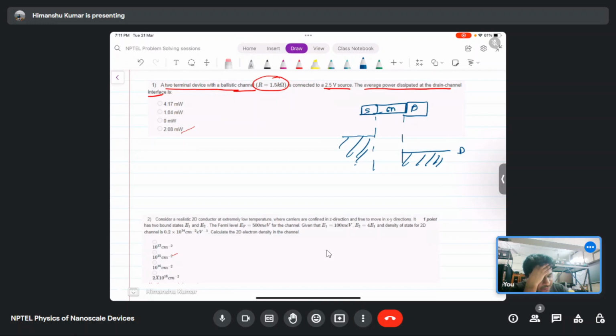And as we apply the bias on the drain side, the Fermi level at the drain side is pulled down by that bias amount. Okay. So now the main question is how the Fermi level will behave in the channel region.